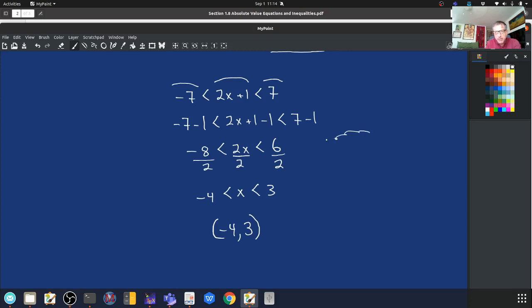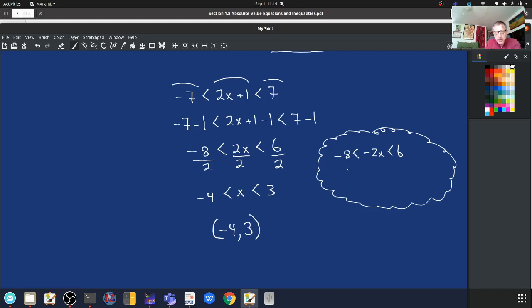I don't think there's an example that I'm going to give you. So let's just go right down here and pretend that we have minus x. We have a different problem altogether. Minus 2x is less than 6. So what we have to do is multiply all three parts by minus 1.